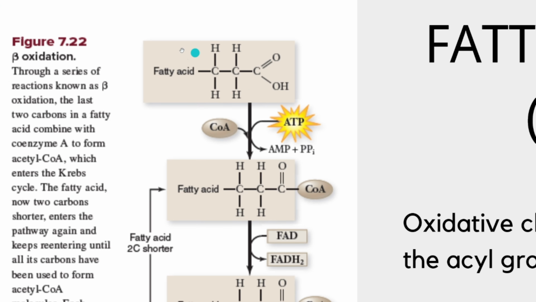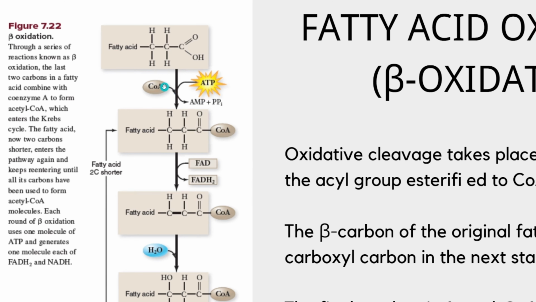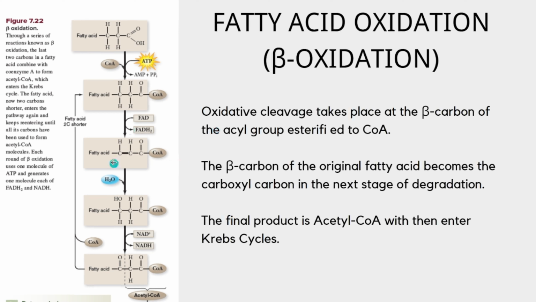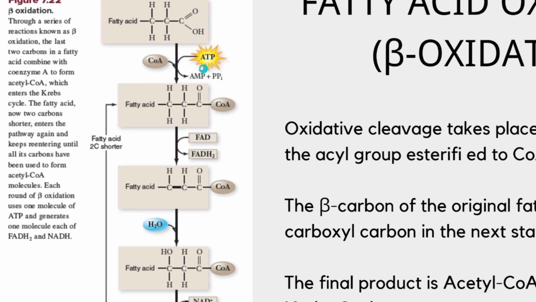You can see here, this is a fatty acid. At the end is the carboxyl group, COOH, and there are many hydrocarbons here. First of all, they will add on coenzyme A first, using ATP.